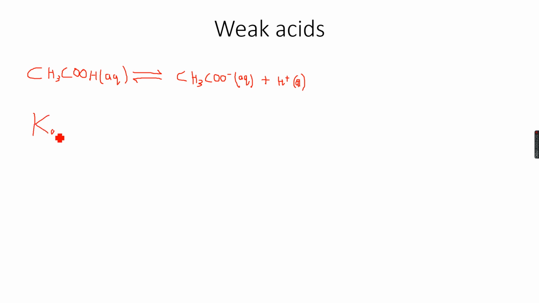In this case, we have something called the acid dissociation constant, which is Ka, and Ka is equal to, like any other equilibrium constant, we will first multiply the concentrations of the products, CH3COO negative and H plus, upon the concentration of the acid.